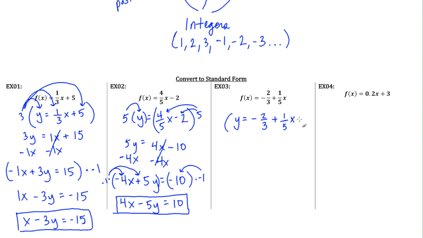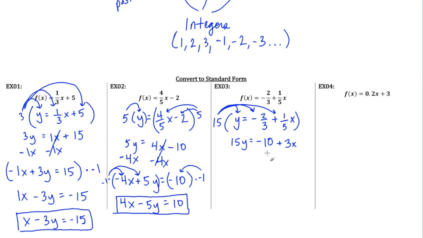So I'll multiply the entire equation by 15. 15 times y is 15y. A positive times a negative is a negative. 15 times 2 is 30. 30 divided by 3 is 10. Positive times a positive is a positive. 15 times 1 is 15. 15 divided by 5 is 3.